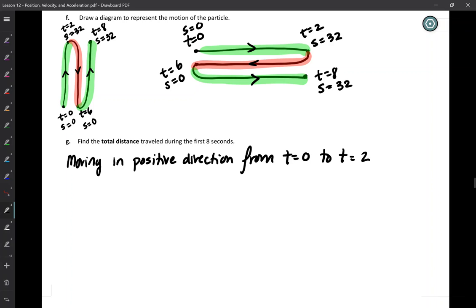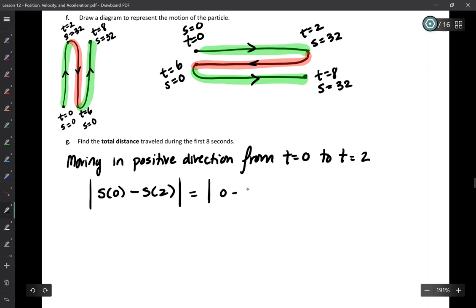So the distance traveled on that leg is going to be the difference in my position function at those moments, s of 0 minus s of 2, and then if I just make it positive because I want that distance, take that absolute value, we get the absolute value of 0 minus 32 meters, which gives me 32 meters. That's how much distance was traveled between 0 and 2 seconds.